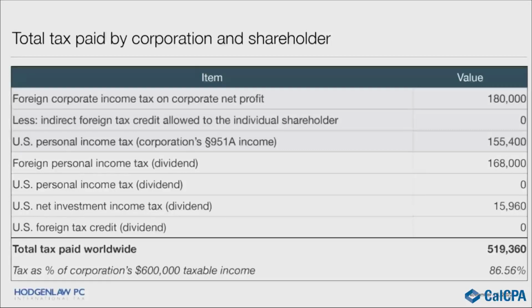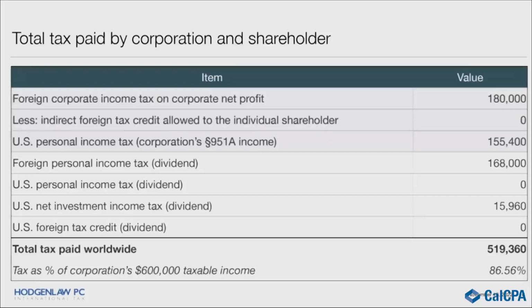And then the unshaded lines below are what's happening at the personal level. Well, the individual paid $168,000 of income tax in the foreign country on the dividend income, paid zero income tax in the United States on the dividend income, remember, excluded because of Section 959, paid $15,960 of net investment income tax, and a grand total there you have of $519,360 on 600,000 of net profit.